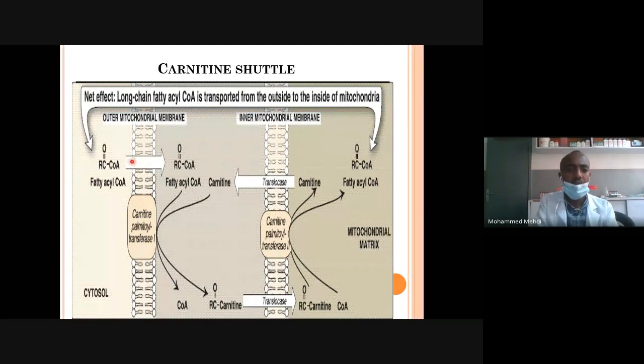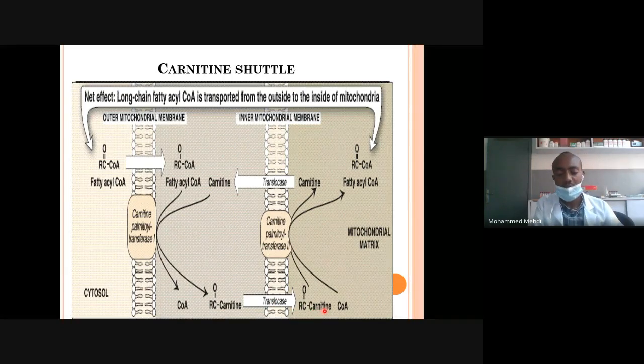This is the outer membrane of mitochondria, and the inner membrane of mitochondria. At the outer membrane, there will be replacement of coenzyme A: carnitine is added, coenzyme A is removed, and fatty acyl carnitine is formed. Once formed, it will be transported into the matrix by the translocase enzyme.